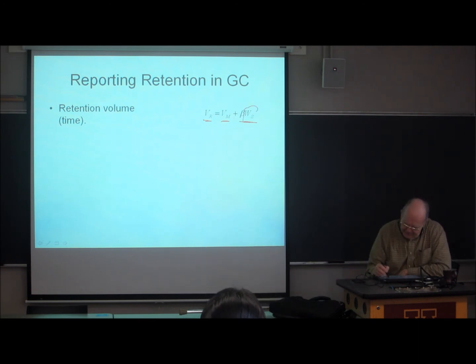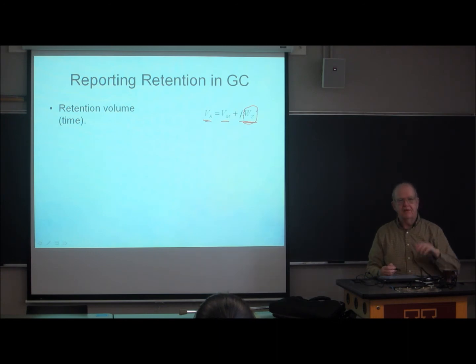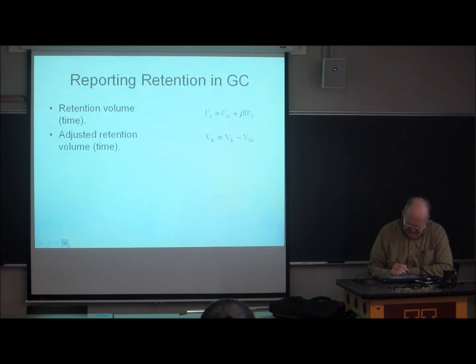So this is the weight of the stationary phase, exclusive of the inert support. And beta is the equilibrium constant of the solute between the mobile phase, the gas phase, and the stationary phase.